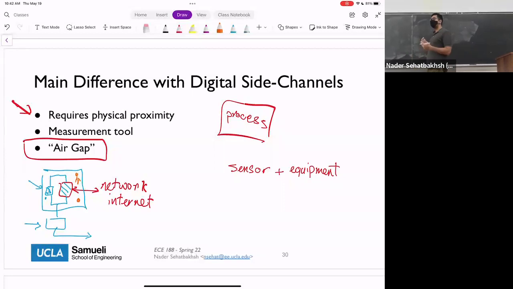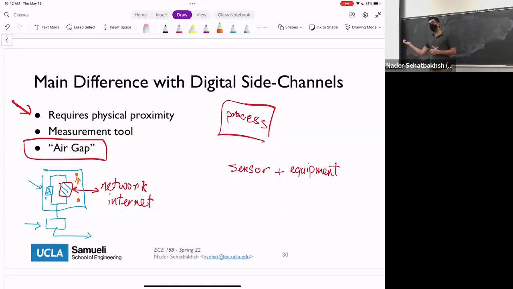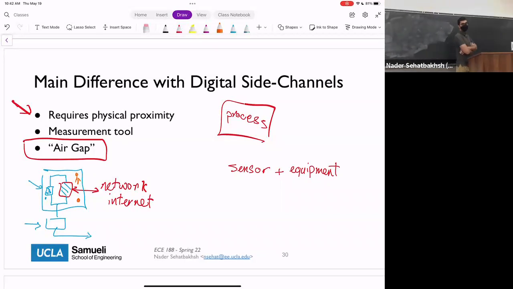So physical attacks have this important feature that they can operate even under air gap systems, and they can actually extract information from the air gap system as well. And that's the major difference between physical and digital. And that's why physical is also equally important as the digital side. All right? Any questions?